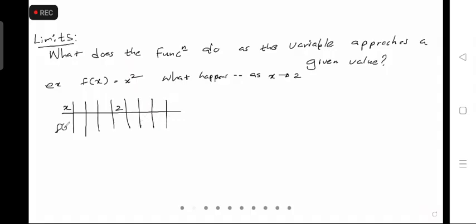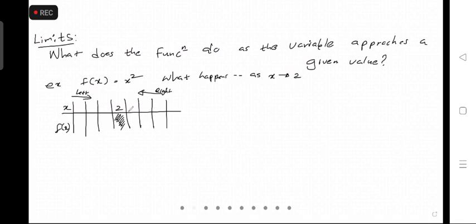I'm going to write down x and f(x). We don't know the value here; this is what we need to find. x approaches 2, not substitutes. So we can bring our variable from the right end to the point and from the left end to the point. Okay, let's do it.